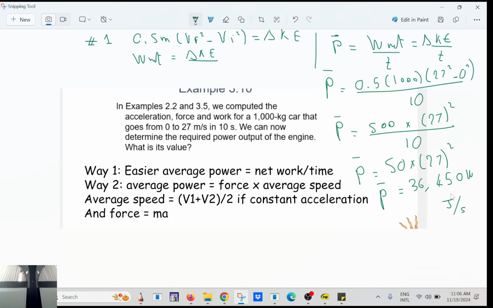But what will be different? No, because you are moving at a constant speed. So if the time is different, it will be the power, the rate at which energy is produced.